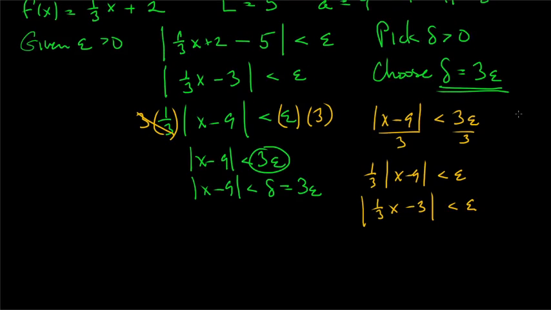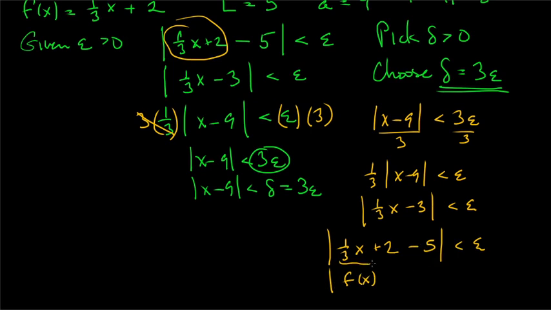And now we just have to split it up into the f of x part. f of x, remember, was 1/3 x plus 2. So to make minus 3, I have to subtract 5. And there you go. This is my f of x minus my L, and that is less than epsilon, guaranteed. So as long as my delta is 3 times epsilon, or smaller than that, then my f of x will be within epsilon of L, of 5.